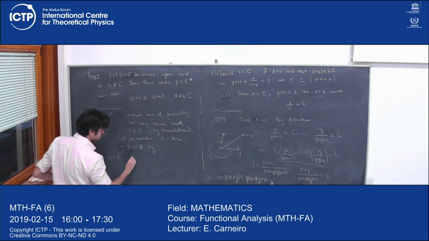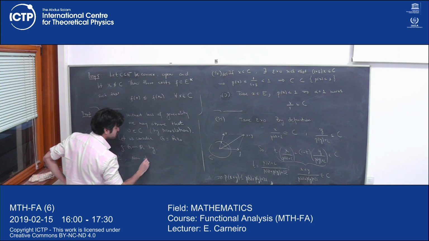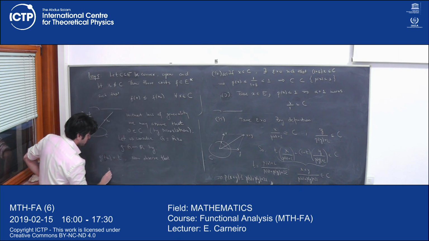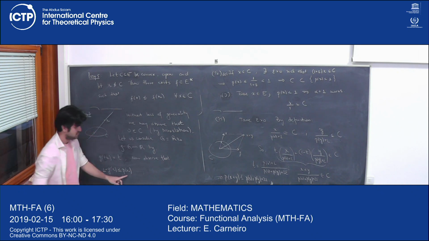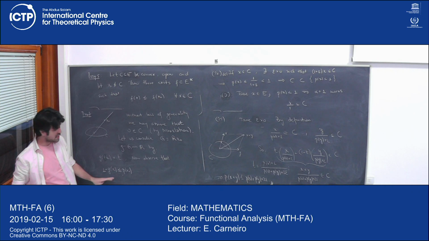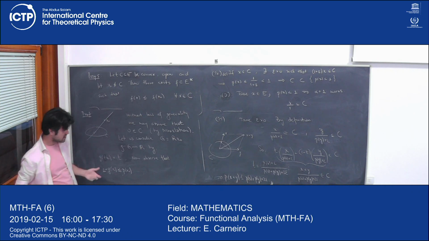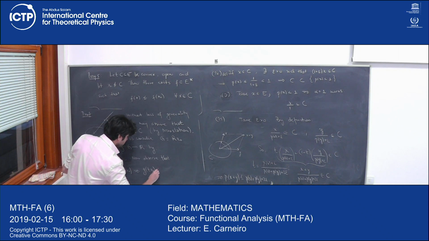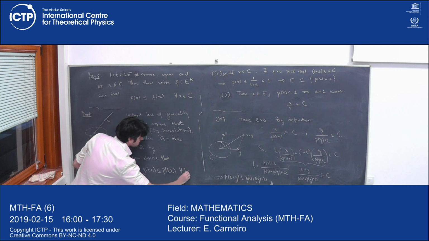Now, with this, observe that g of x0 itself, which is 1, is less than or equal to p of x0. By the previous proposition, p of x0, since x0 is not in the set, is bigger than or equal to 1. So we're using item 4 of the previous proposition. So this obviously implies that g of t x0 is less than or equal to p of t x0 for all t real.